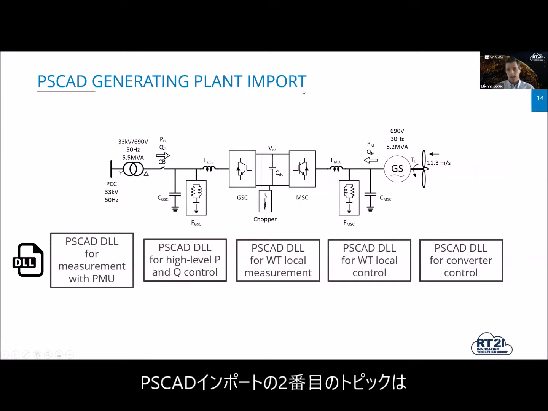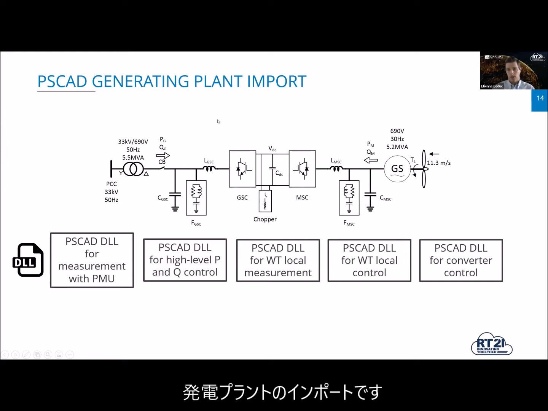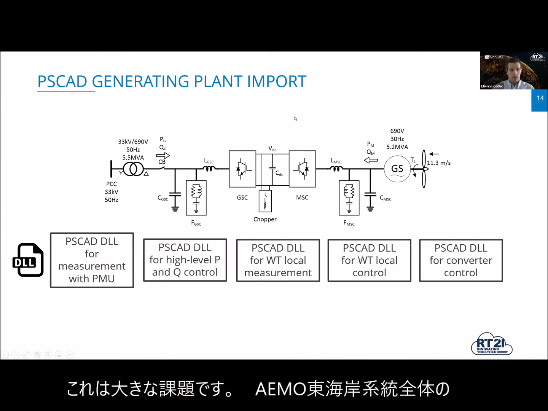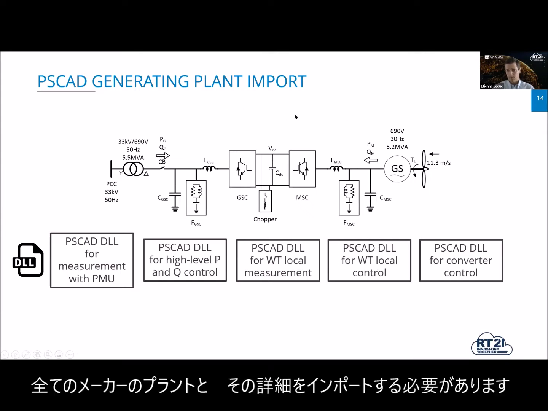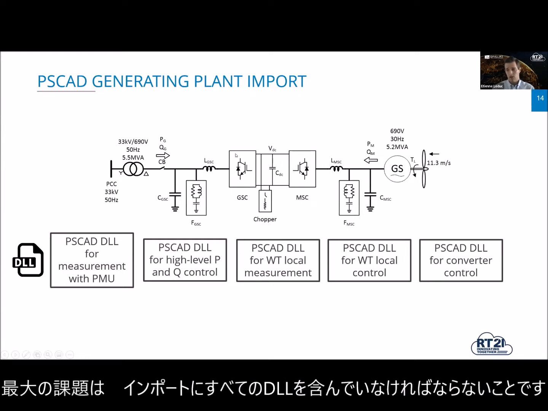Second, as a subtopic of the PSCAD import, is the focus that we've had on generating plant import. This is obviously a huge challenge, with the entire East Coast network of AEMO that needs to be imported with all the manufacturer plants with all their details, and also including, this is the biggest challenge, all the DLLs.